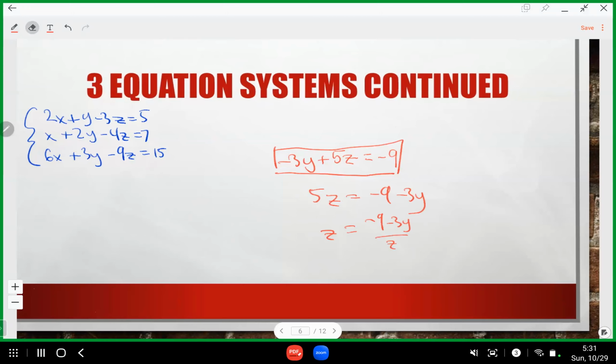Yeah, that's not going to be optimal. Let's try y. Okay. So y is going to be equal to (-9 minus 5z) over -3. So this should be good, and we cancel out the negative. 9 plus 5z over 3. Okay. Yeah, so we know what y equals in terms of z.